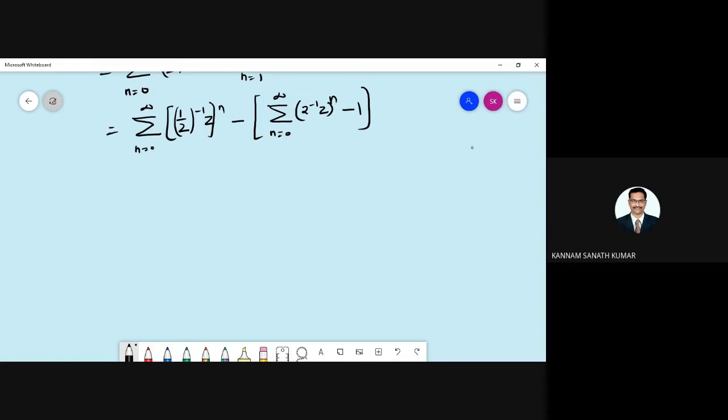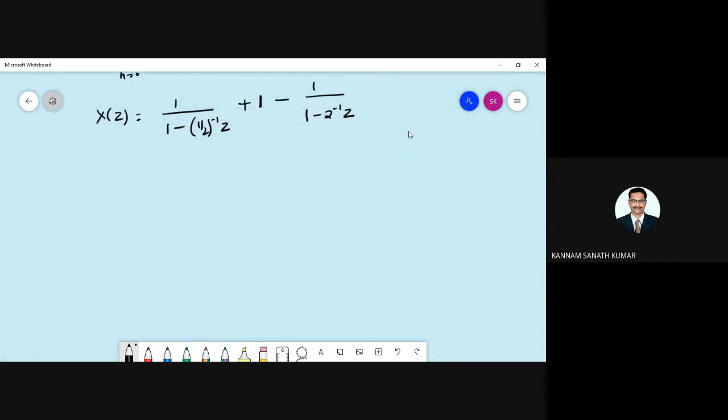So X of z equal to 1 by 1 minus (1/2)^(-1) z, minus into minus plus 1, you will be getting 1 minus 1 by 1 minus 2 inverse z. What is the ROC?